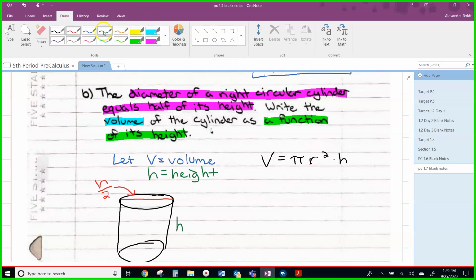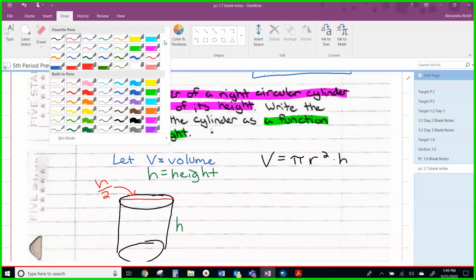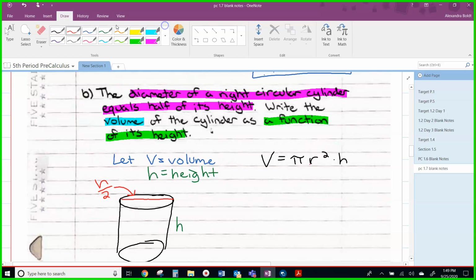So now we have to think about, what's my radius? Remember, your radius is only halfway across your circle. So if I draw this nice orange line here, that would represent my radius. So your diameter is half your height, and then your radius is again half of that diameter.